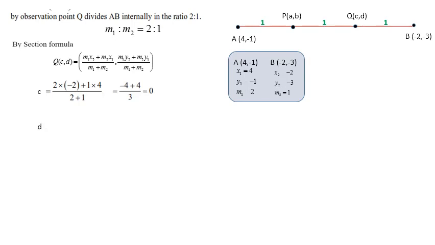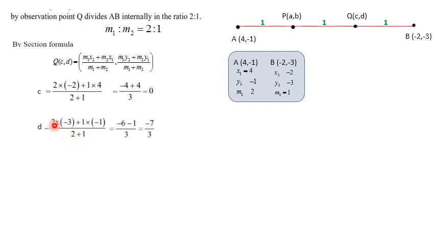Next we have to calculate the y coordinate, that is m1y2 plus m2y1. First m1y2: m1 is 2, y2 is -3, so 2 into -3, plus m2y1, where y1 is -1, so 1 into -1, divided by m1 plus m2, that is 2 plus 1.